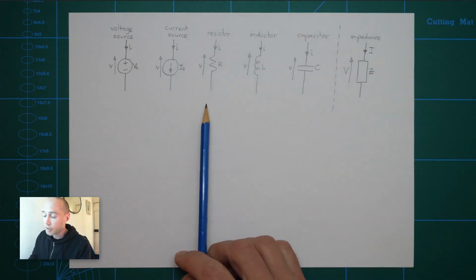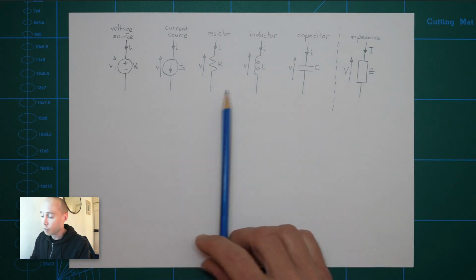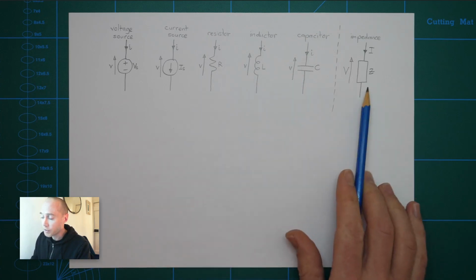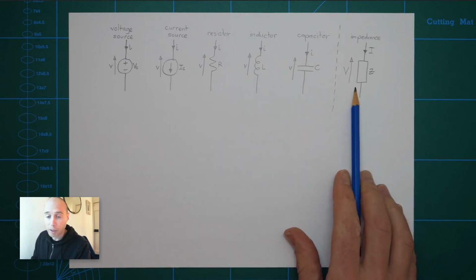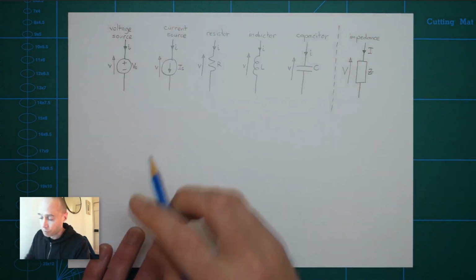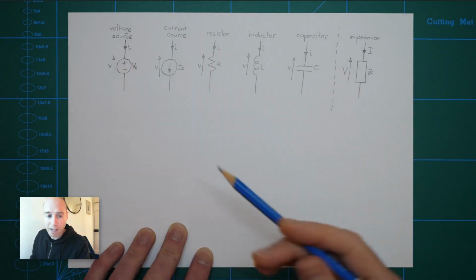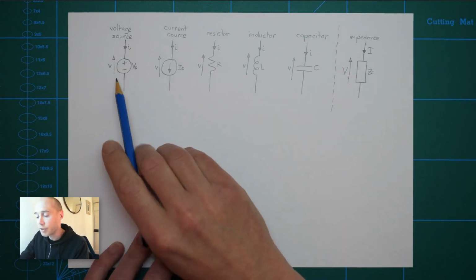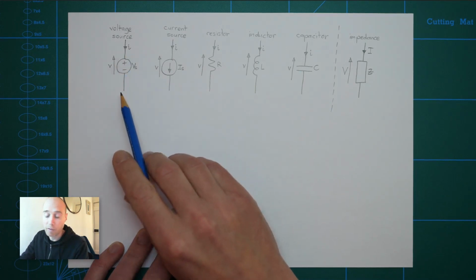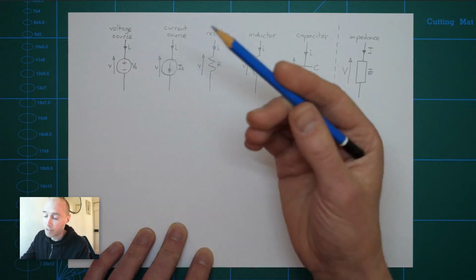Then the other elements that we're going to see are resistors, inductors and capacitors, so RLC elements. And all 3 of these can be represented by impedances. So what do we mean when we talk about an element in a circuit? Really what the element represents is a particular relationship between the current and voltage across that element.